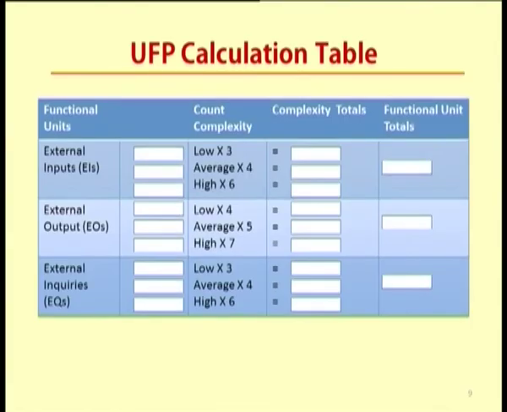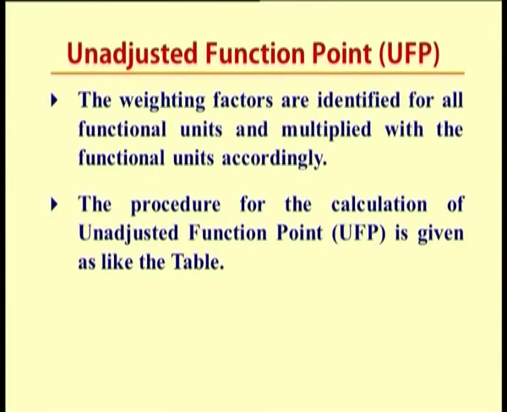Likewise, we calculate for the external output, where we consider 3 values of complexity, multiply them with the corresponding weighting factors, and get the unadjusted function point for the EO. We calculate for all the 5 parameters. Once you sum up all the 5 values, that value is the total unadjusted function point count. So you just have to understand what unadjusted function points mean.